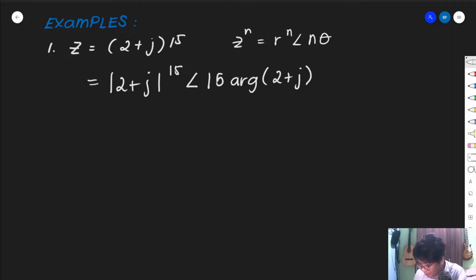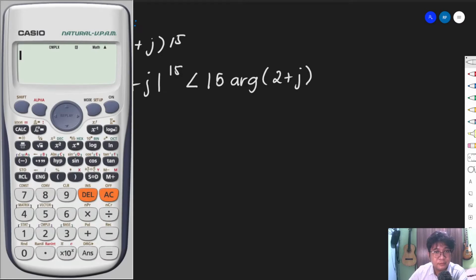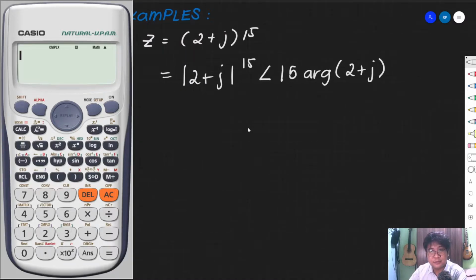Syempre hindi naman natin to masosolve ng mano-mano, so kailangan talaga natin ng calcu. So, labas ko lang yung calcu natin. Usog ko lang yung board, para kita. Ayan. So, type natin sa calcu natin.